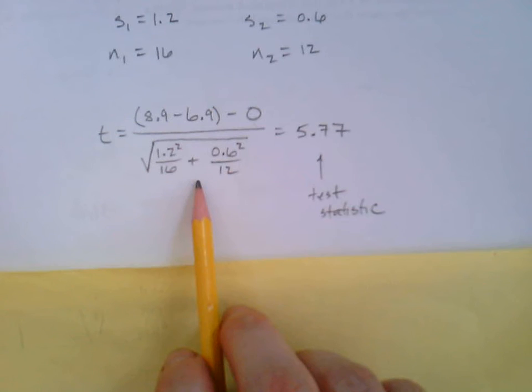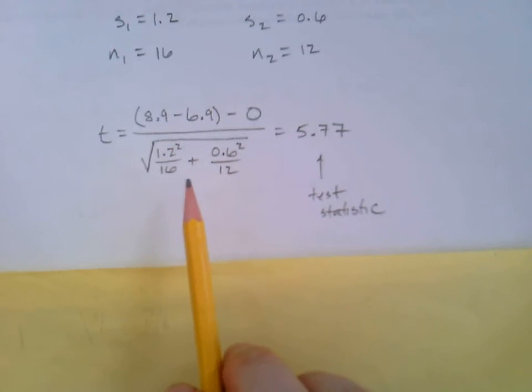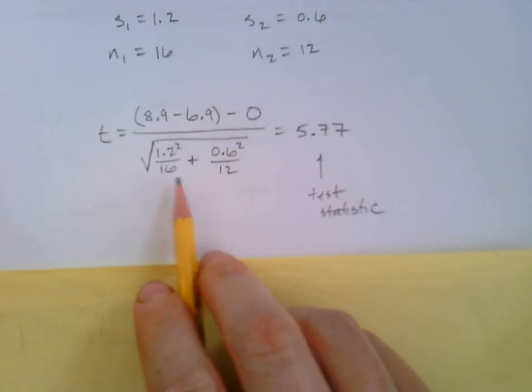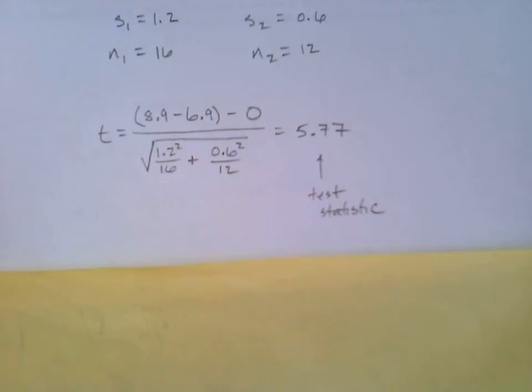So you might think in the denominator, we want like the difference of the original denominators. Well, it turns out, no, we don't want to take the difference of the standard deviations. We actually want to add the standard deviations, because standard deviation has some error that it's factoring in.